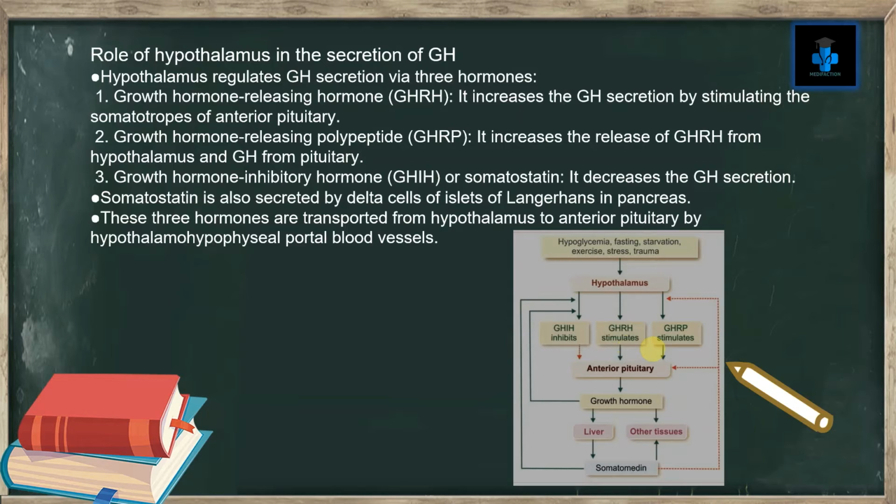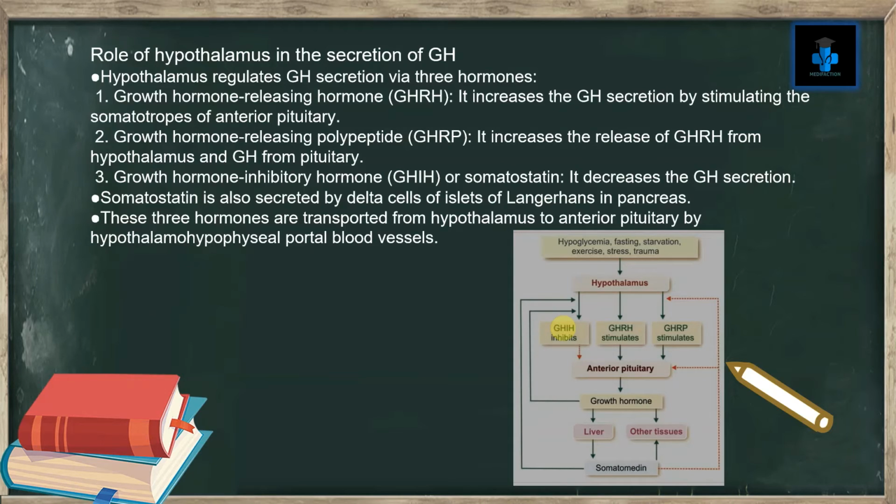Number 3 is growth hormone inhibitory hormone or somatostatin. It decreases the growth hormone secretion. Somatostatin is also secreted by delta cells of islets of Langerhans in pancreas.